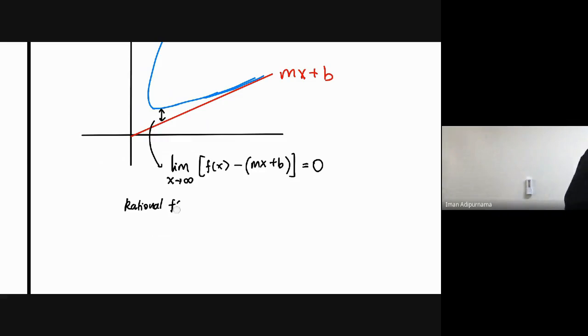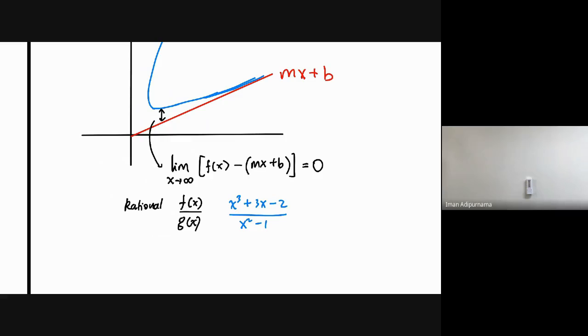So if I have a rational function defined by polynomials, where the denominator is 1 degree less than the numerator, for example, x squared plus 3x minus 2 over x squared minus 1.